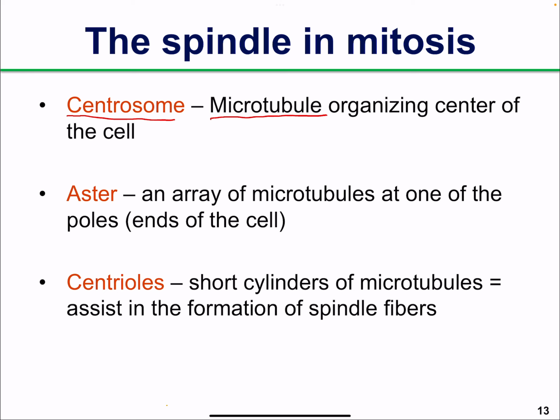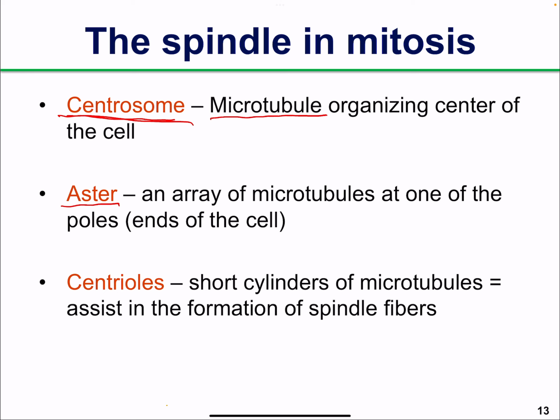The centrosome is the microtubule organizing center in the cell. And from there, you're going to have a structure that we call an aster. That aster looks like a shining star, right? And that array of microtubules, it's basically happening at the centrosome area, right? Which during cell division occur toward opposite directions, okay?